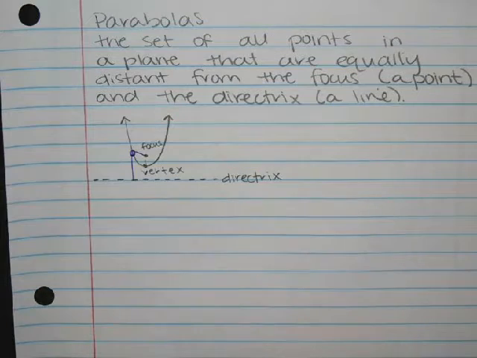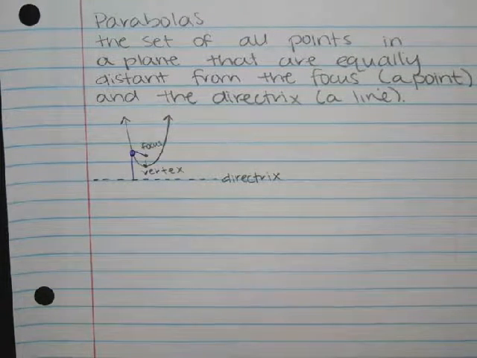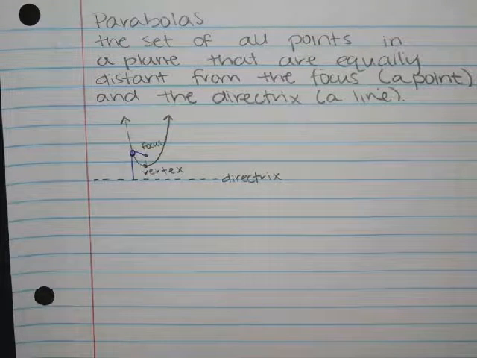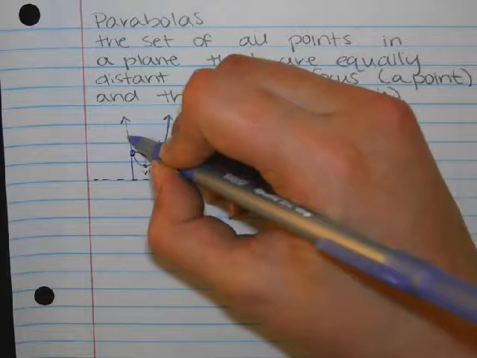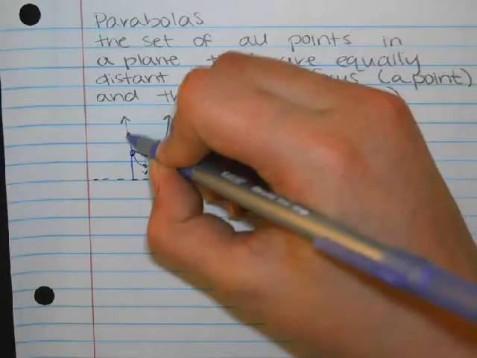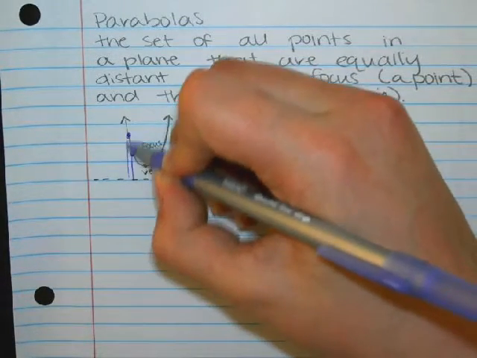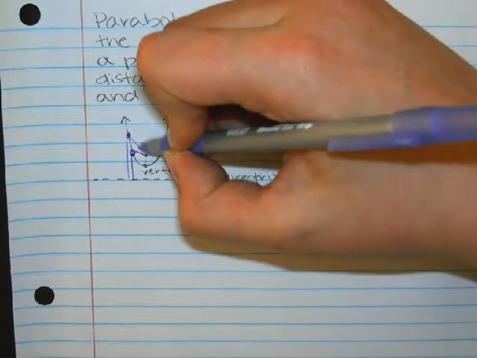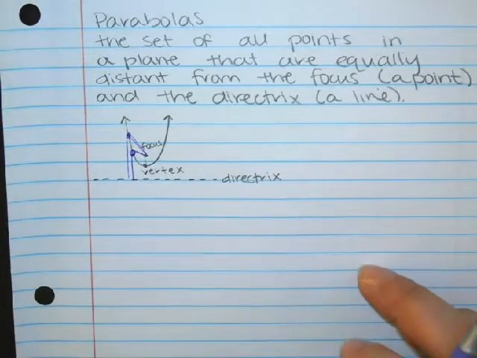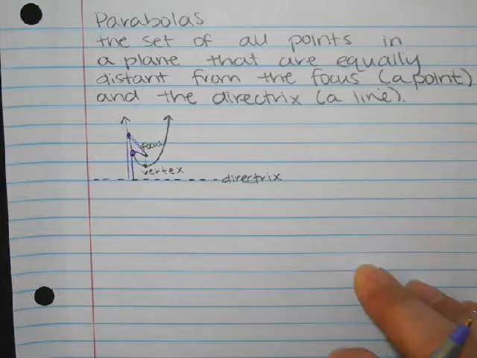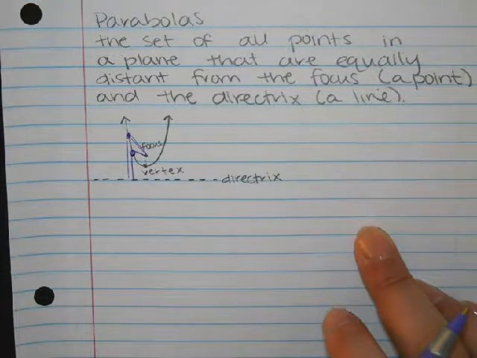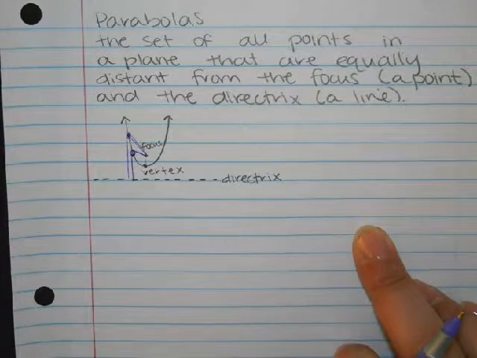It's because my picture is not good. If my parabola was better, it would be believable. Or you could pick this point right here and measure that distance, and it would be exactly the same as this distance right here. So that's what the definition is saying. If you look at a picture of an actual parabola, it is believable.